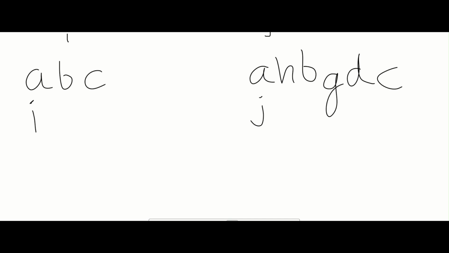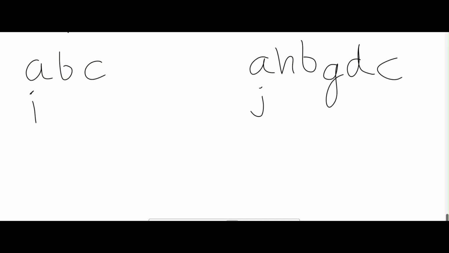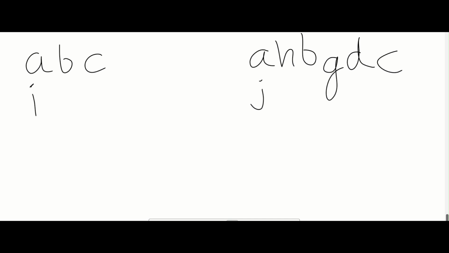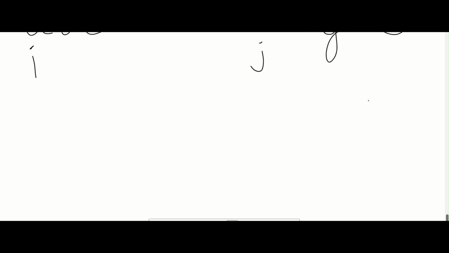If we compare the value at I and the value at J, if they are equal, then we can go to the next index. I'll just show and you'll understand.